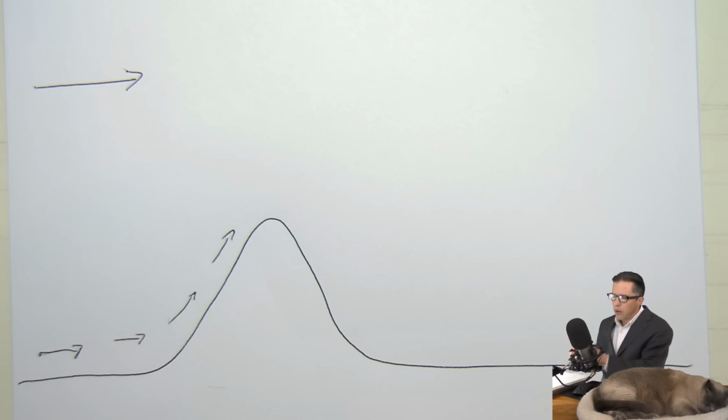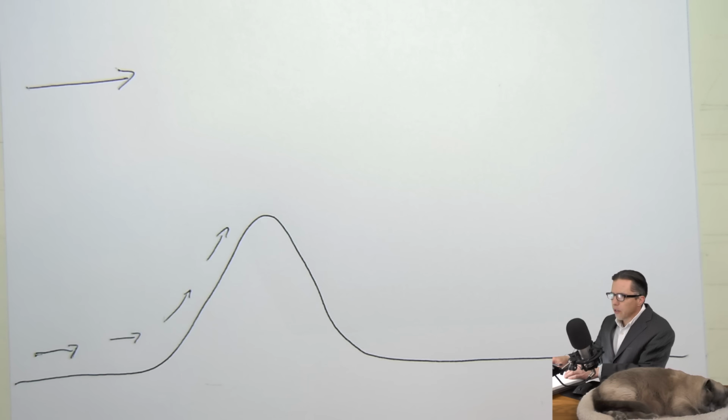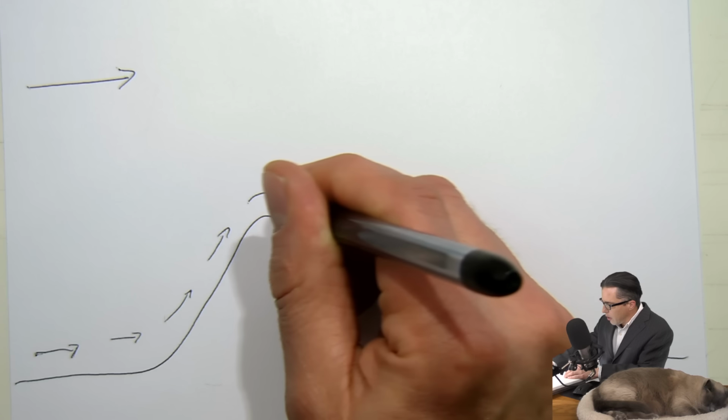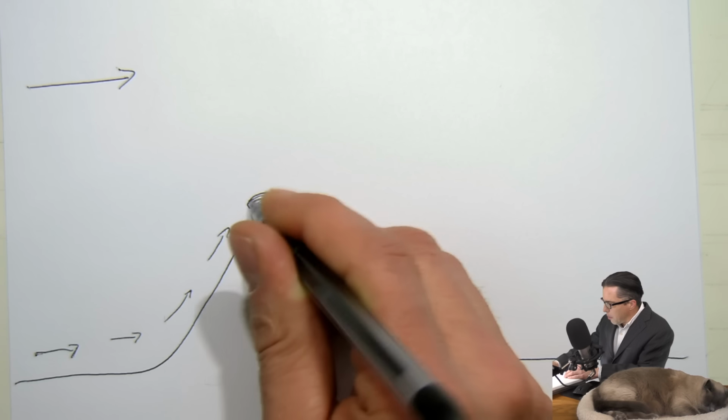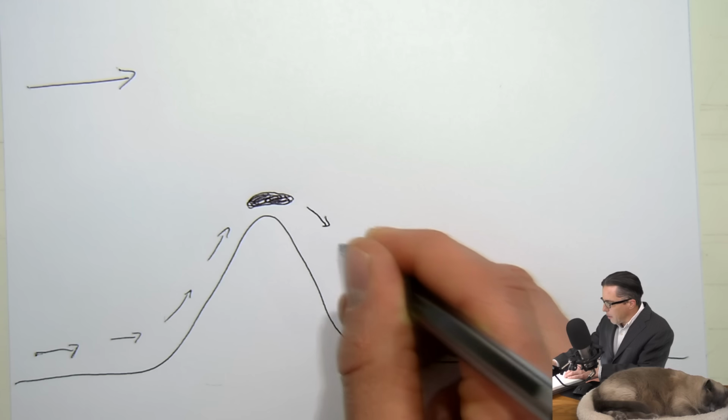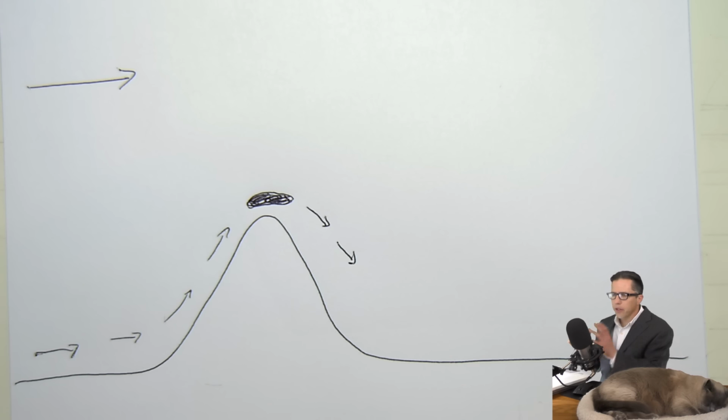Now, we'll learn in a later lecture that if you take air and you push it up, eventually it will reach its dew point and form a cloud. And so that's going to happen here, and we're going to get this little lenticular cloud that forms on the top of the mountain. Okay, now the air goes down the other side of the mountain, but the thing is, air is compressible and it's bouncy.